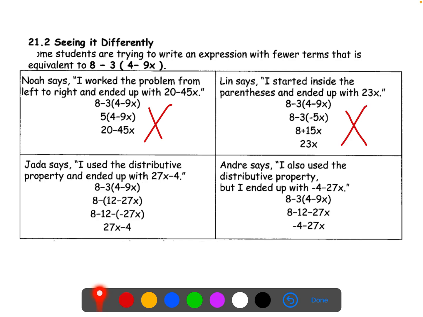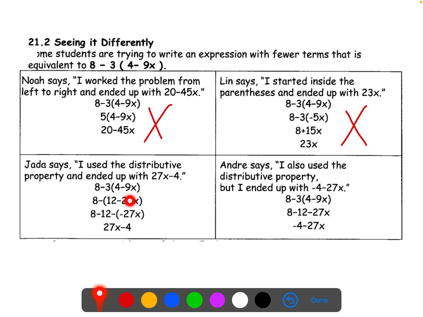All right, Jada. Used distributive property. Good. Ended up with that. So let's look at her steps. Okay, distributive property. Distributive property is going to take this 3, multiply it by the 2 terms here in parentheses. So 3 times 4 is 12. 3 times 9x, we can do that.